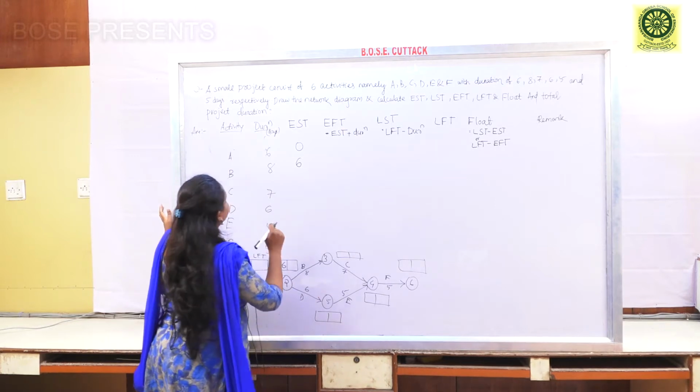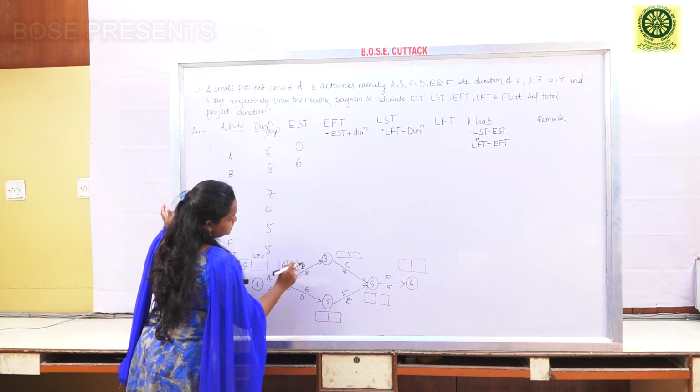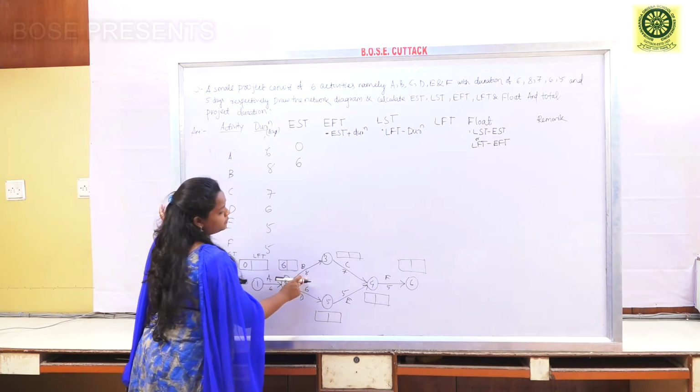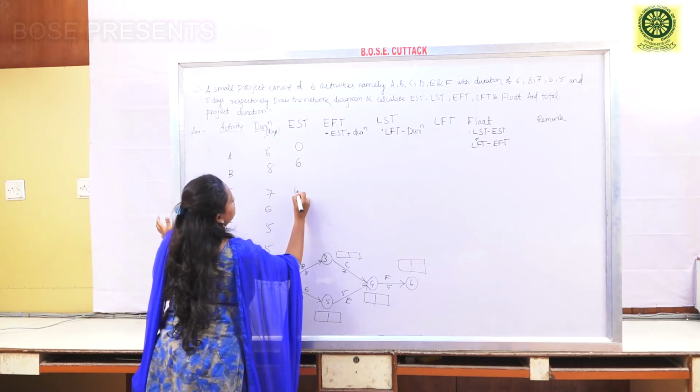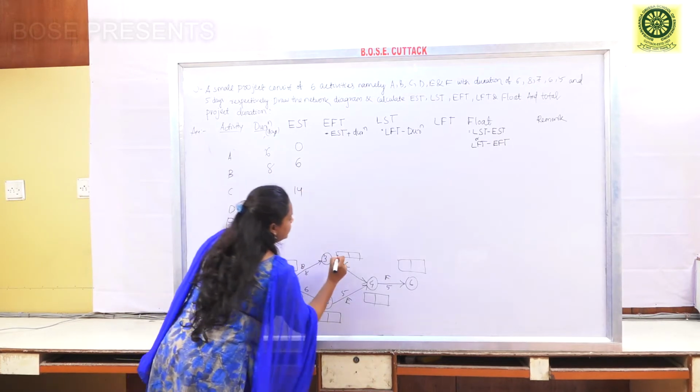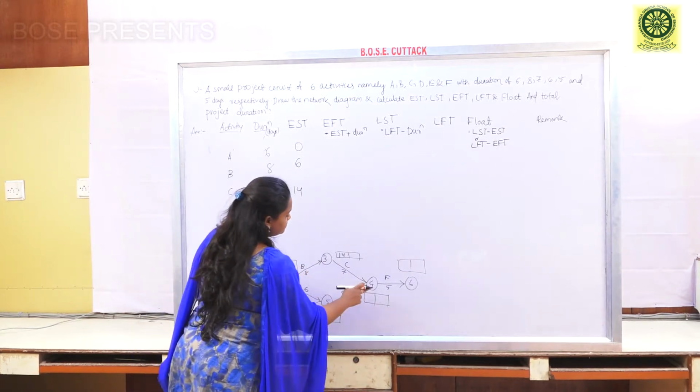For activity C, the earliest start time will be 6 plus the duration of activity B, that is 6 plus 8, that is 14. For activity C, the EST will be 14.